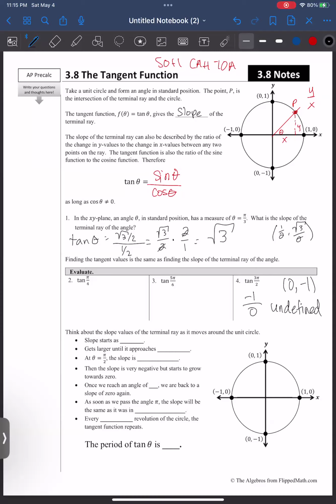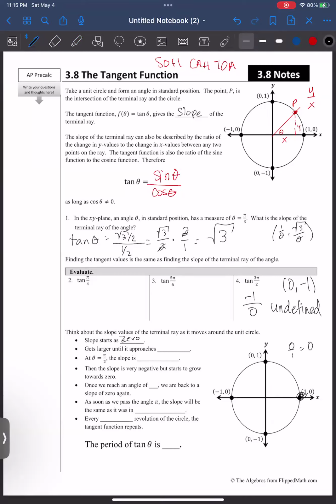So now we're going to go through a bunch of these points. Think about the slope values of the terminal ray as it moves around the unit circle. So the slope starts as 0, right? I'm starting down here, that would be 0 over 1, which is equal to 0.